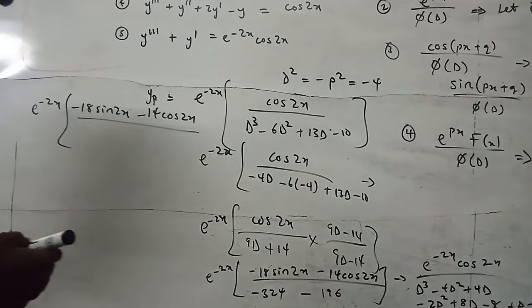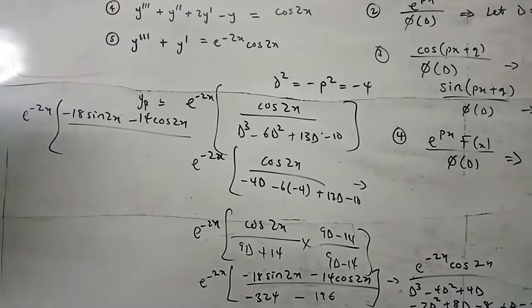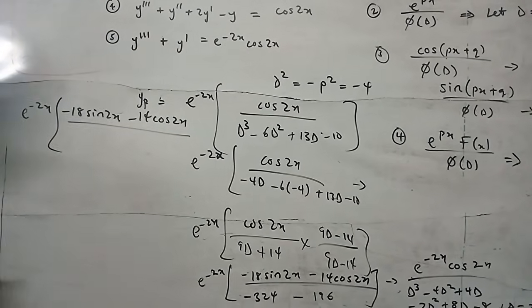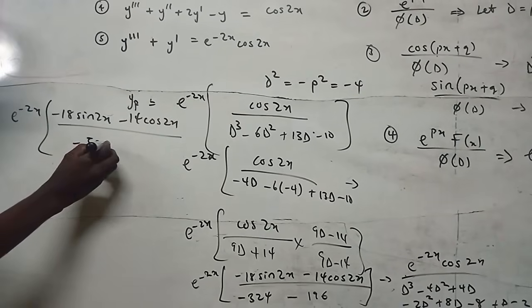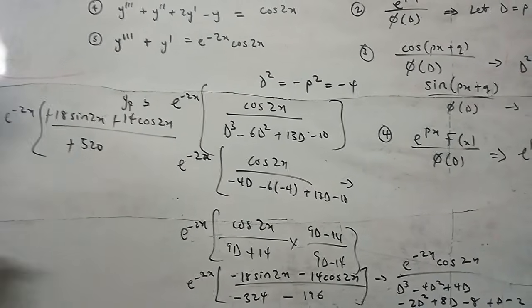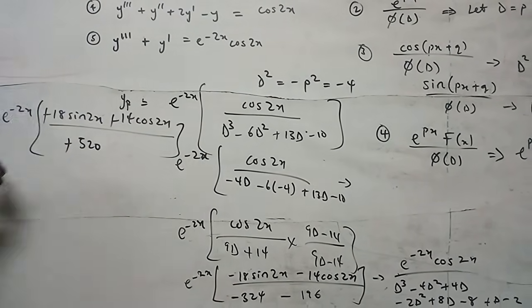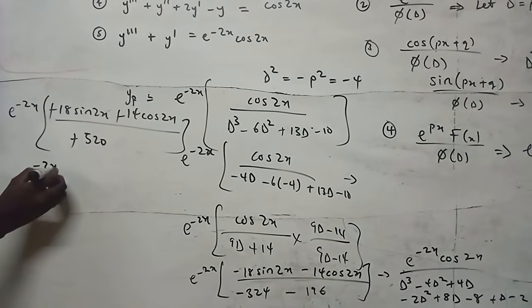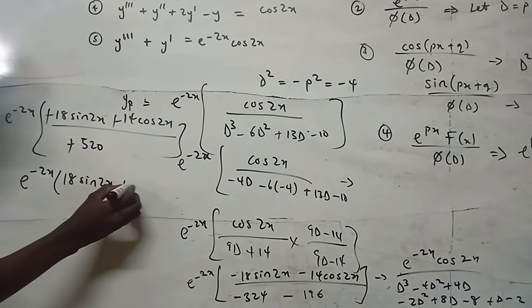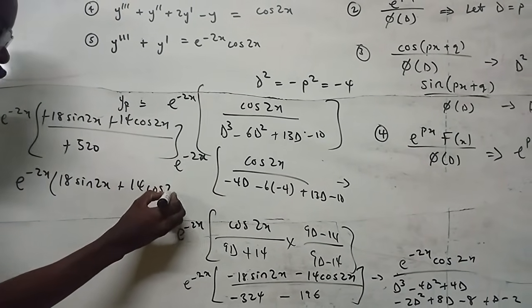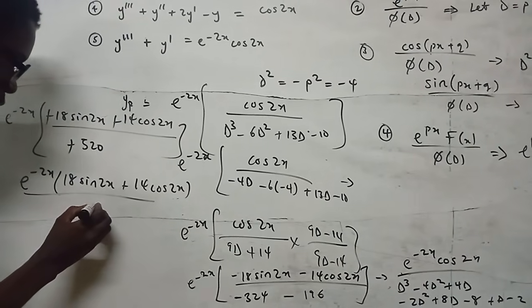This is going to give us 520, minus 520. So minus can easily cancel out the minus on top here. So our answer is what? E raised to power minus 2x into bracket 18 sine 2x plus 14 cos 2x, everything over 520.